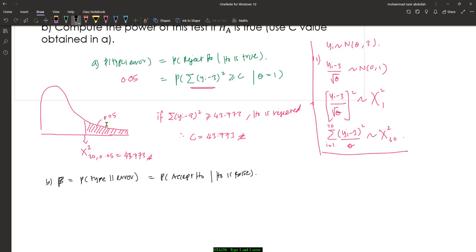We want to calculate the type 2 error first before we can calculate the power of the test. So this is the probability of the summation of (yi minus 3) squared less than or equal to 43.773.